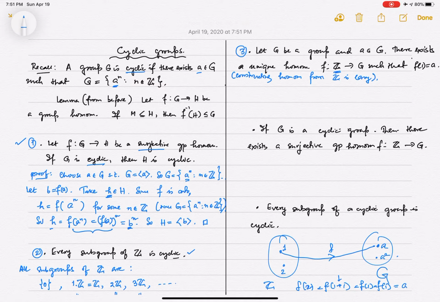So that has to be a square, etc. So once you know that 1 goes to A, 2 has to go to a square, 3 has to go to a cube, etc. So I'm just going to sketch: define f from Z to G by f of n equals A to the n for all integers n, and verify this is a homomorphism.